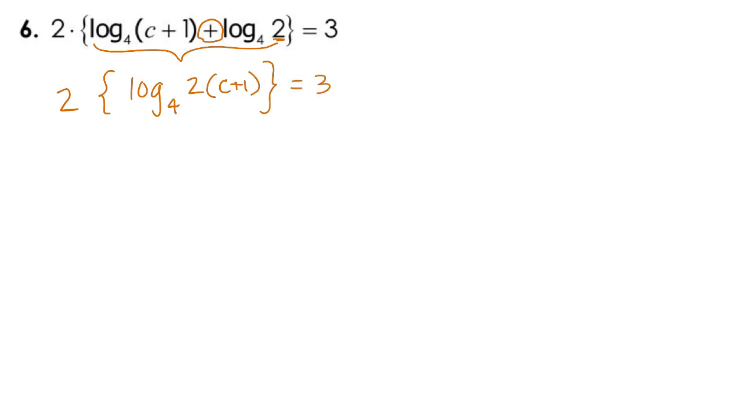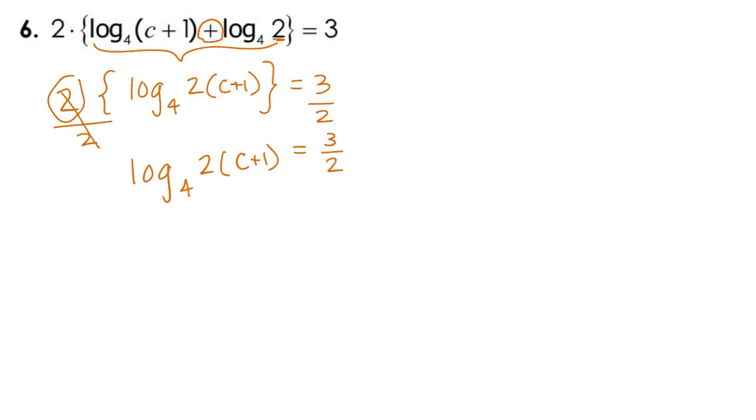And notice there's nothing else to combine here, so we need to go ahead and divide both sides by 2 to get that 2 to move over to the other side. And so that's going to give me log base 4 of c plus 1, and that's going to equal 3/2.